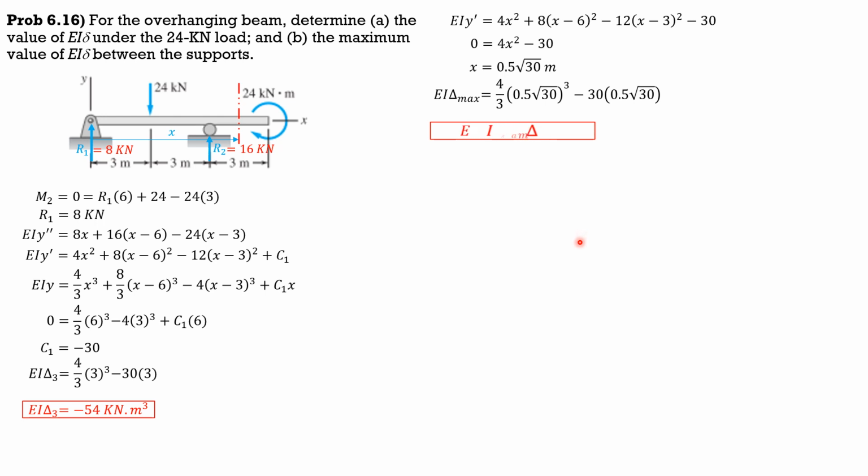So EI delta max is negative 54.77 kilonewton meter cube, and that's negative, so downward. That's why it's greater in magnitude than this, because this is exactly when x is under the 24 kilonewton load, so the maximum deflection is greater than this in value.